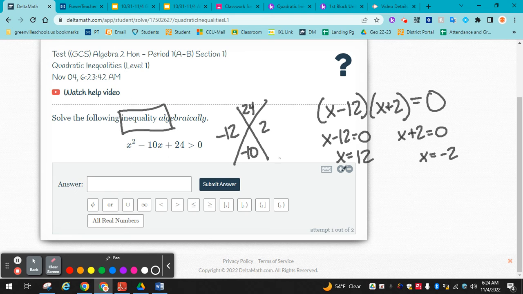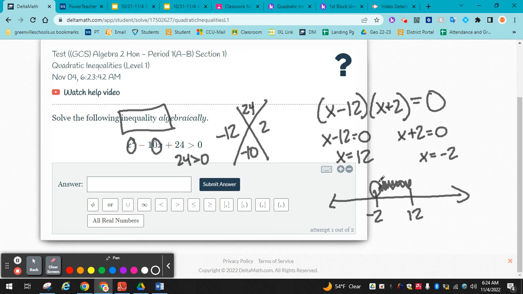Inequality. We want an inequality, so I still have to put it on a number line and figure out where it's going. -2 is smaller than 12. 0 is in between those. 0 is the easiest number to check. That's 0 minus 0 plus 24. So is 24 greater than 0? Yes. So we shade in the middle, open at 12 and -2.